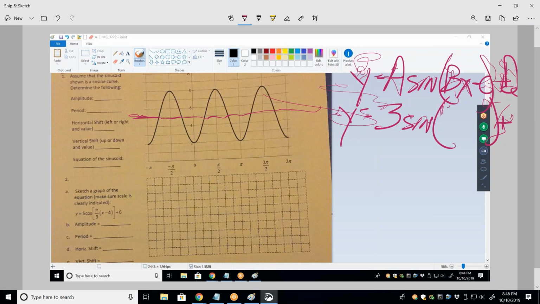So that makes the vertical shift 5. Okay? Now, Bx minus C. What did you say the phase shift? The phase shift is the horizontal shift. You said it was pi over 2, right? And it doesn't really matter whether it's pi over 2 plus or minus. Either one results in the cosine curve. So I'm going to change the function from sine to cosine.